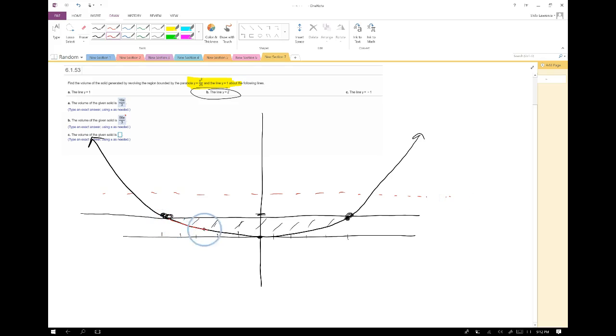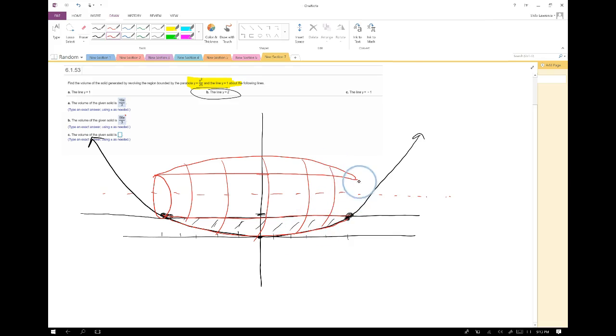When we revolve it, because it's a revolution, it'll have these circular cross sections. So it looks kind of like a bead or something like that.